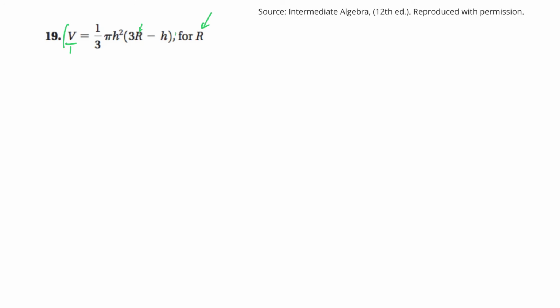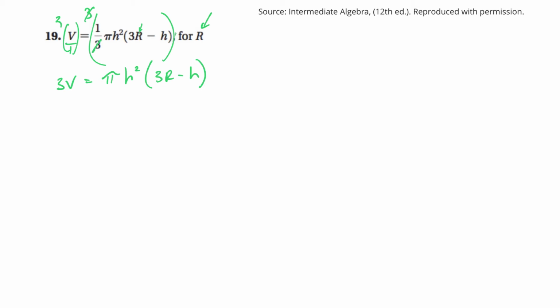So I'm going to multiply this side by 3 and multiply this side by 3. On the left, just left with 3v is equal to, and on the right, this 3 cancels this 3, so all I'm left with is pi h squared times 3r minus h. Feeling pretty good here.